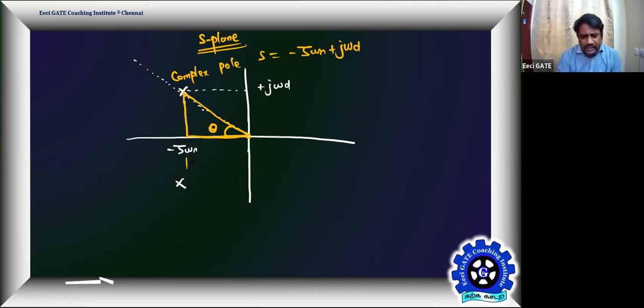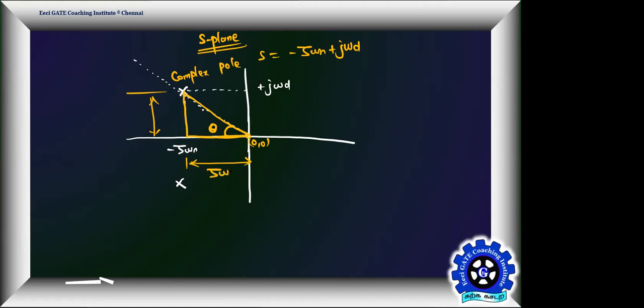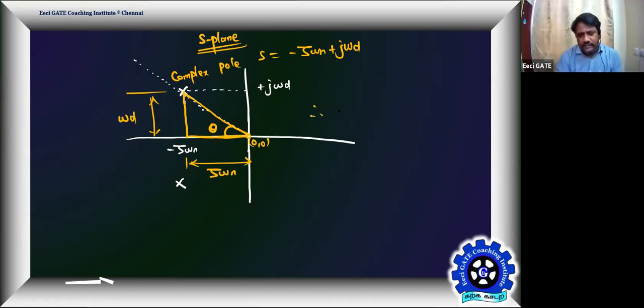What is the adjacent of this triangle and the opposite of the triangle with respect to the origin? Origin is 0, 0. What is the adjacent length? Zeta omega n. Opposite length, omega d. Can you tell me tan theta?